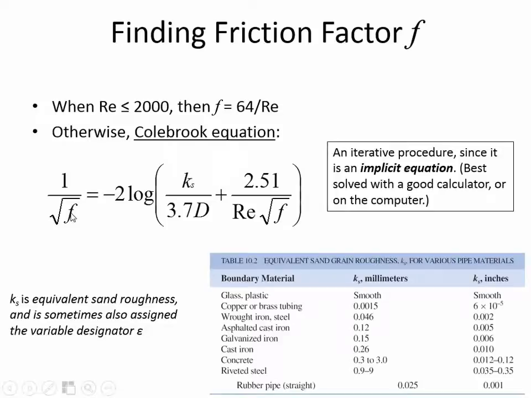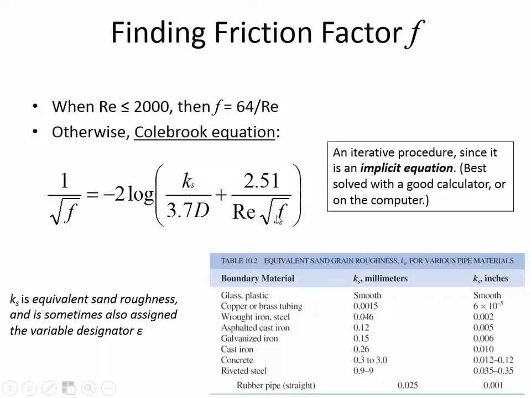What we'll do in the trial and error approach is guess some F value and find out what the left-hand side of the equation is with that guess F value. We'll put in all the other things that we know. We'll put in the pipe diameter that we know. We'll put in the relative roughness, the equivalent sand roughness that's based on the material.